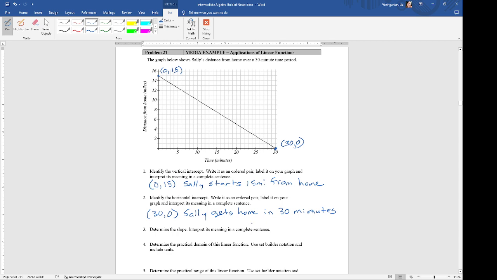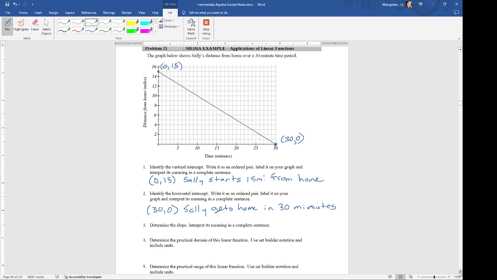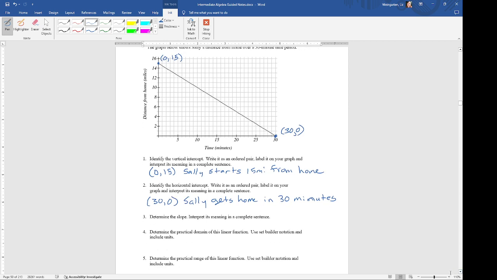Determine the slope and interpret its meaning in a complete sentence. So we have the vertical and horizontal intercepts, so that's what I'm going to use to calculate the slope. It's going to be our outputs. I'm going to start with 15, subtract off 0, divided by our inputs.